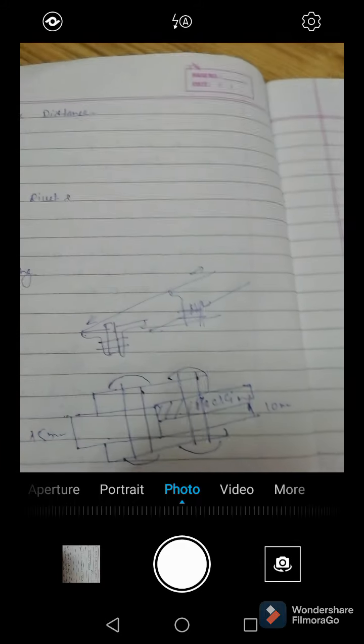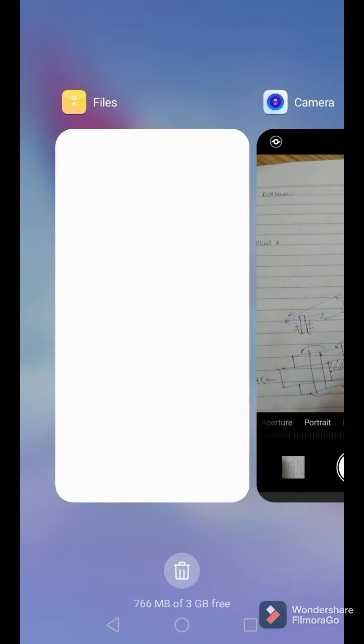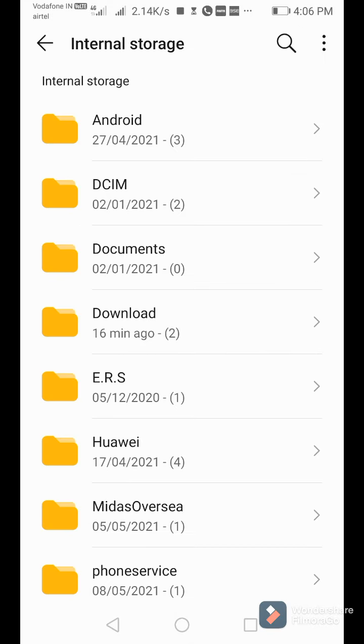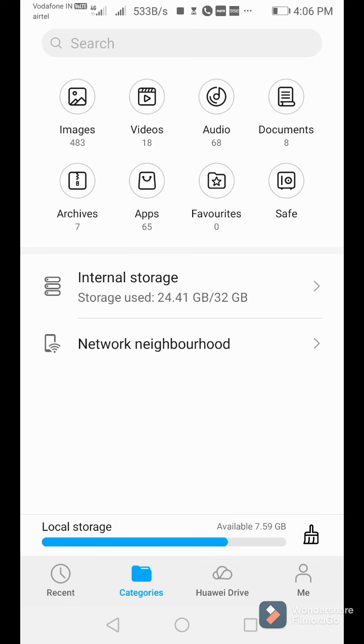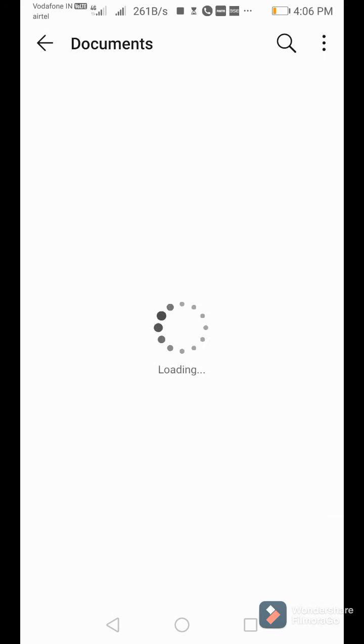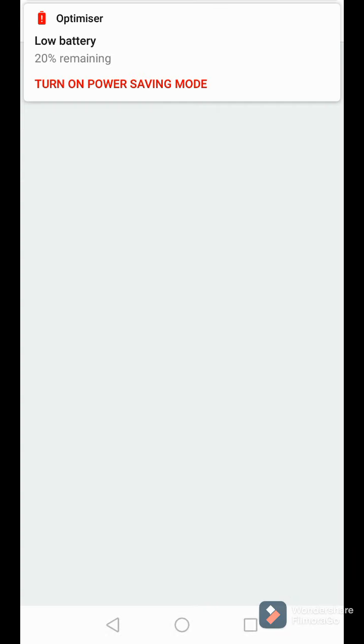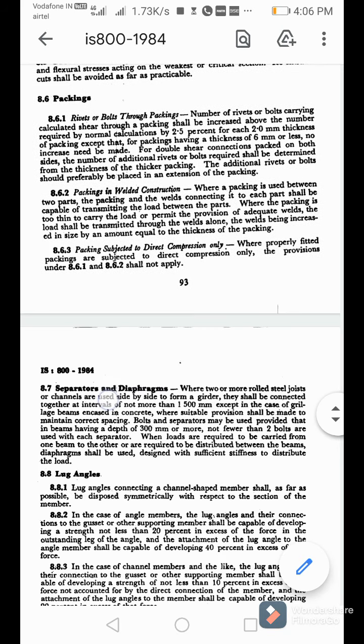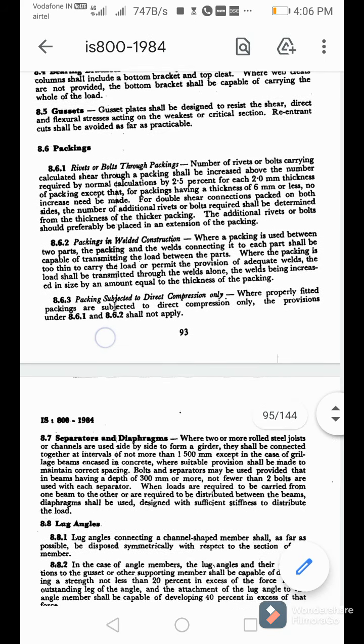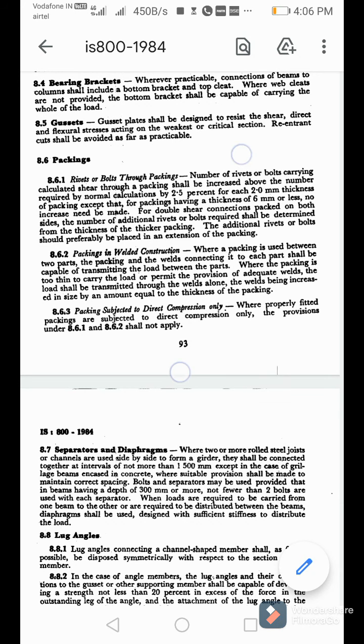So next, let's come to the topic. Okay, so here it says the rivet or bolt through packing.